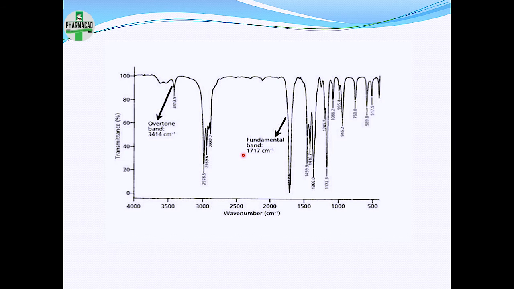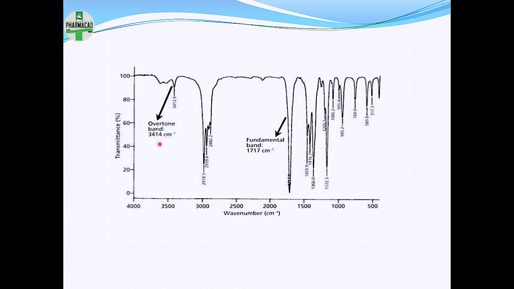In such a case, you get overtone bands, and because of the multiple excitations that the molecule undergoes, the overtone bands usually occur as a smaller peak at higher wave numbers. So basically you can see that the fundamental bands usually occur at lower wave number values, while the overtone bands usually occur at higher wave number values.